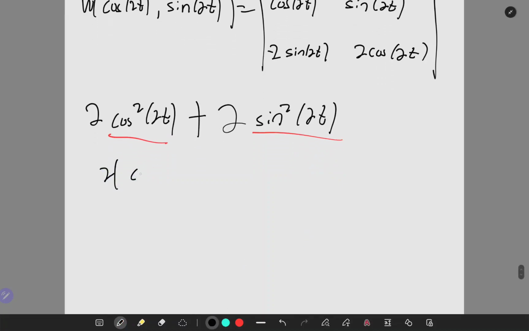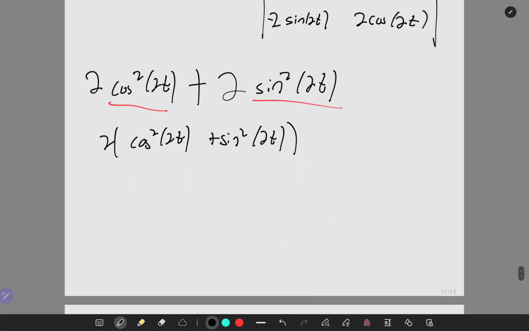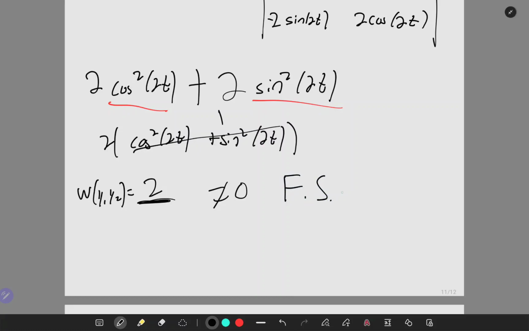So if you take the 2 out, you have cosine squared of 2t plus sine squared of 2t. This is 1, so then we're left with 2. So the Wronskian of y1, y2 is equal to 2. It is non-zero, so then we have a fundamental set of solutions.